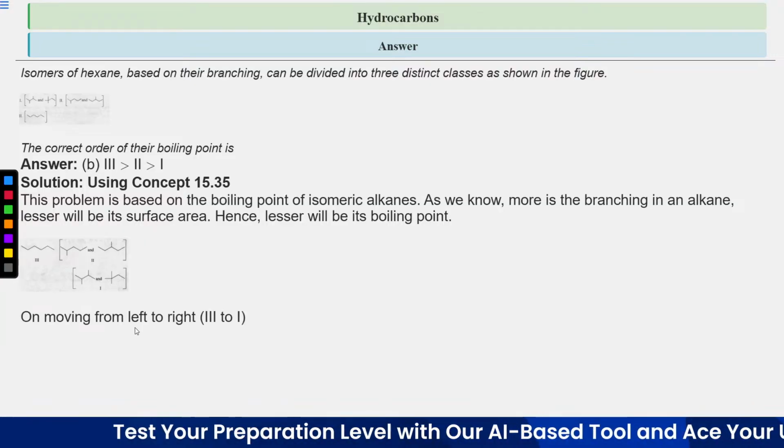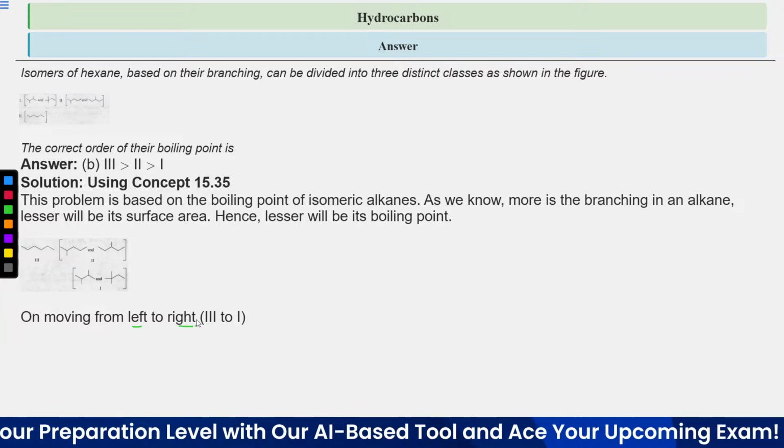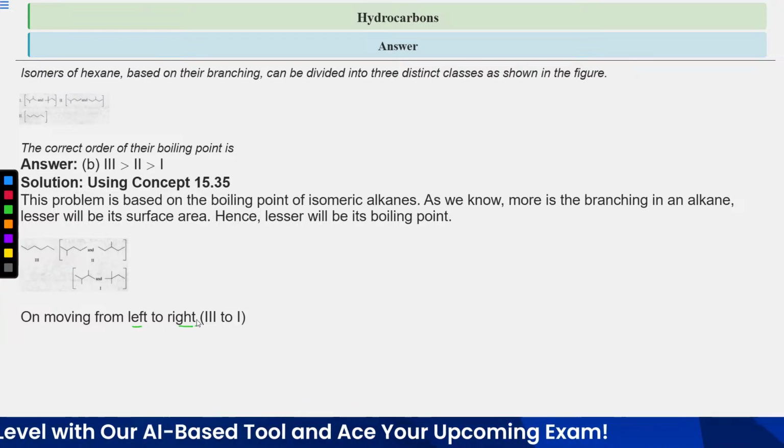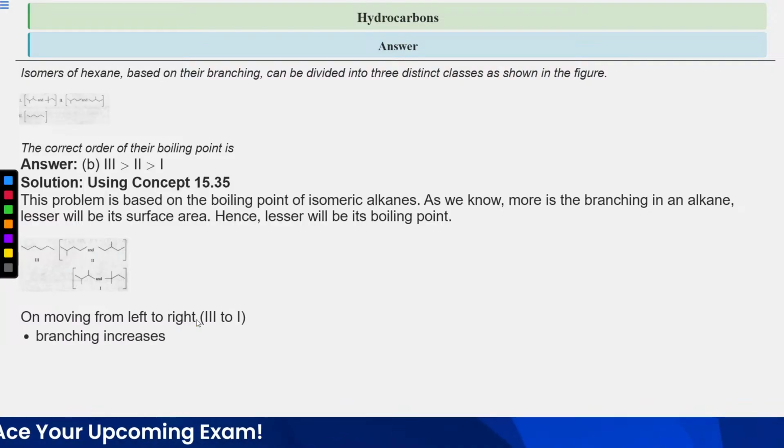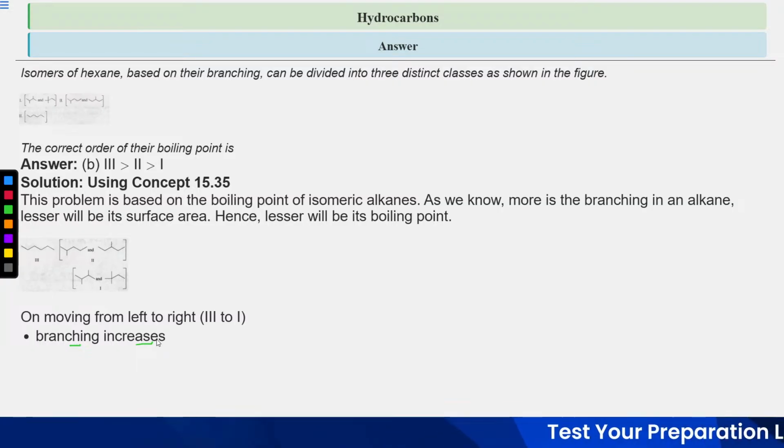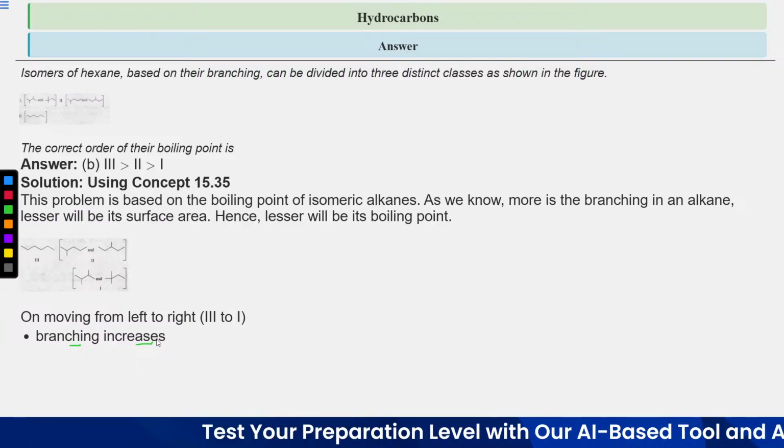On moving from left to right, that is from third to first, branching increases. In the third there is no branch, in the second there is one branch, and in the first there are two branches.